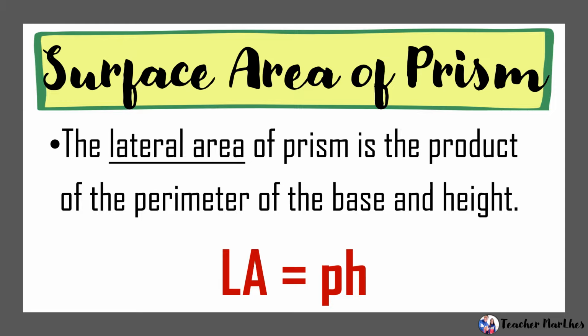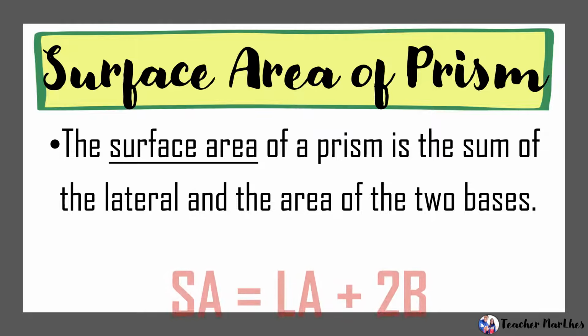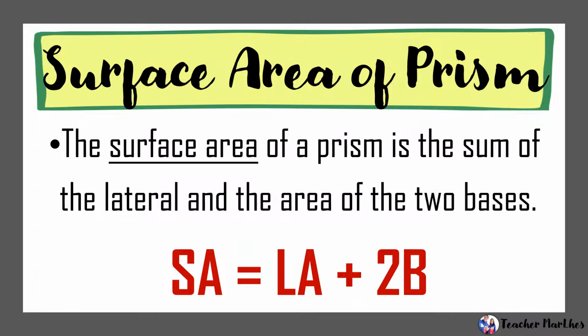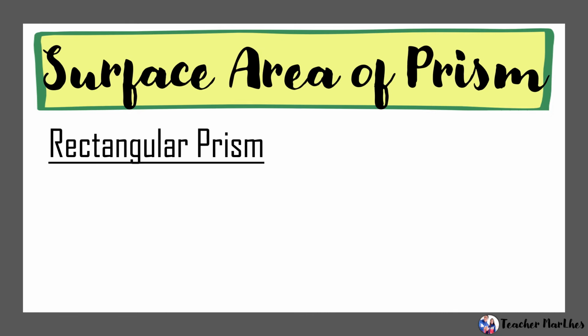So we have lateral area is equal to perimeter times height. Then the surface area of a prism is the sum of the lateral area and the area of the two bases. So we have surface area is equal to lateral area plus 2 times the area of the base. So this is the formula in finding the surface area of a rectangular prism.